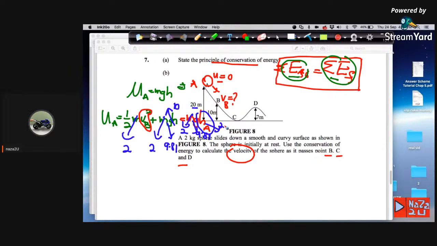This is 20 meter. So boleh guna kat sini, kita boleh cari VB. Saya tunjuk saja sini, nanti boleh kamu kira.